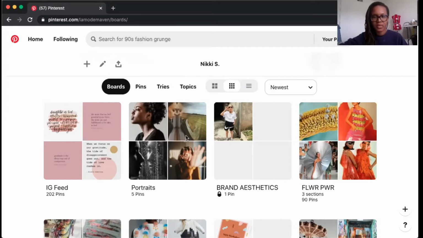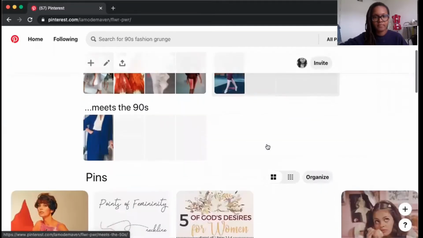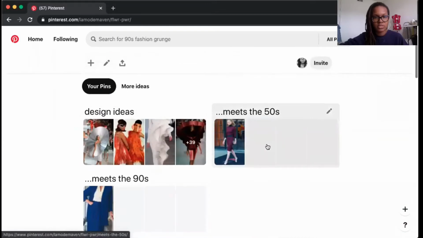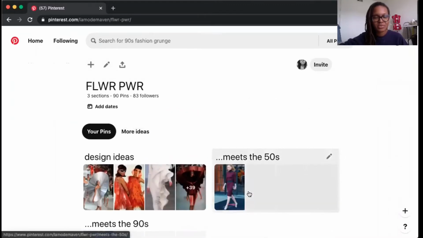For example, I'm not going to base anything off of this one, but Flower Power, this was my visual research that was based off of, shoot, I don't even know now. I think it was all about visual fabric manipulation.